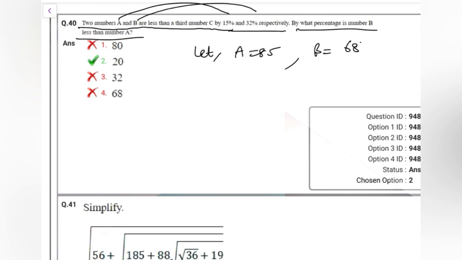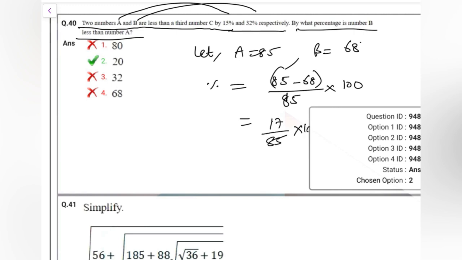So percentage difference is equal to 85 minus 68 divided by 85 into 100. 17 by 85 into 100, which is equal to 1 by 5 into 100, which is equal to 20%. So option 2 is correct.